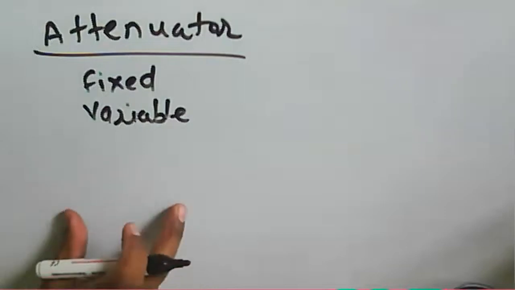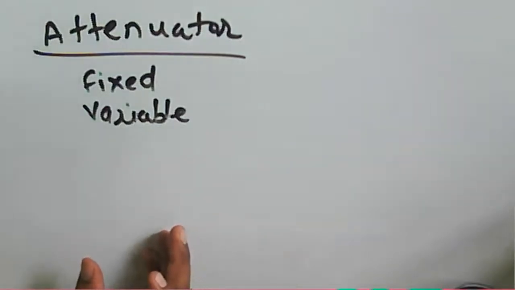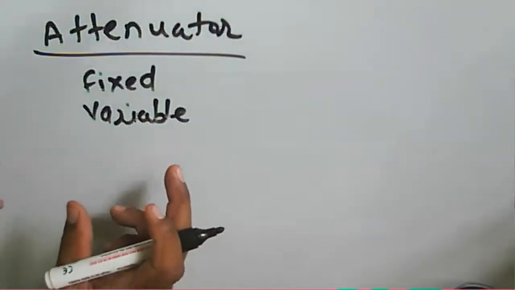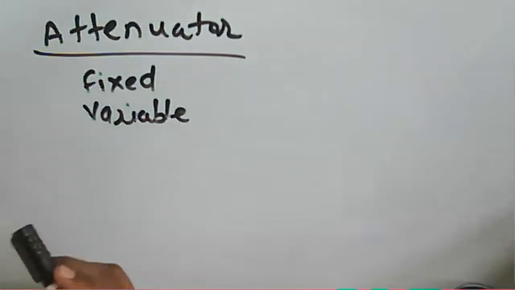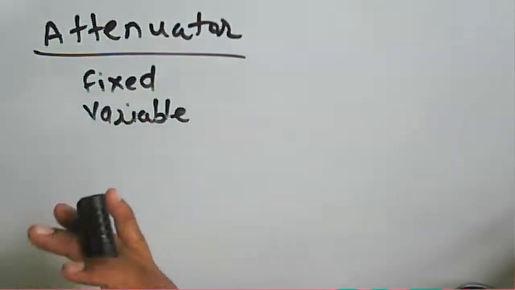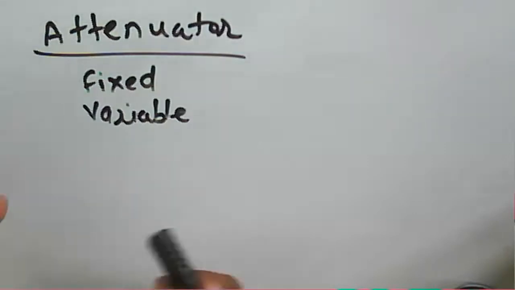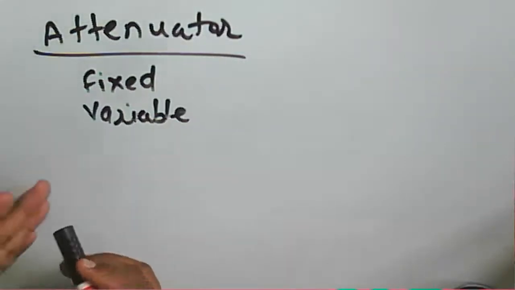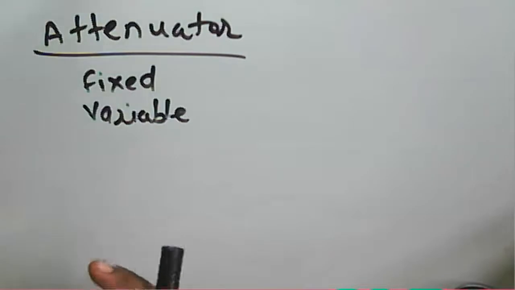In a fixed attenuator, a small sheet is used, and that small sheet will attenuate the signal. The role of an attenuator is to reduce the power level. If the power level in a waveguide is large, we can use the attenuator in between sections of a guide or line so that the power will be reduced.